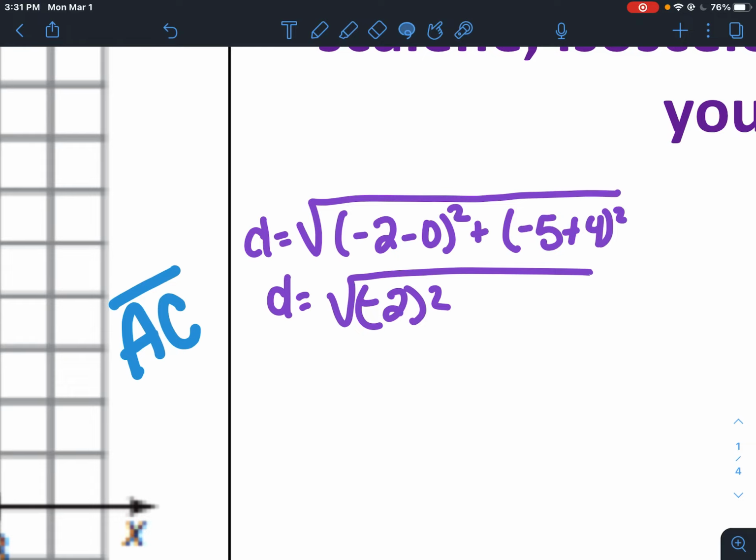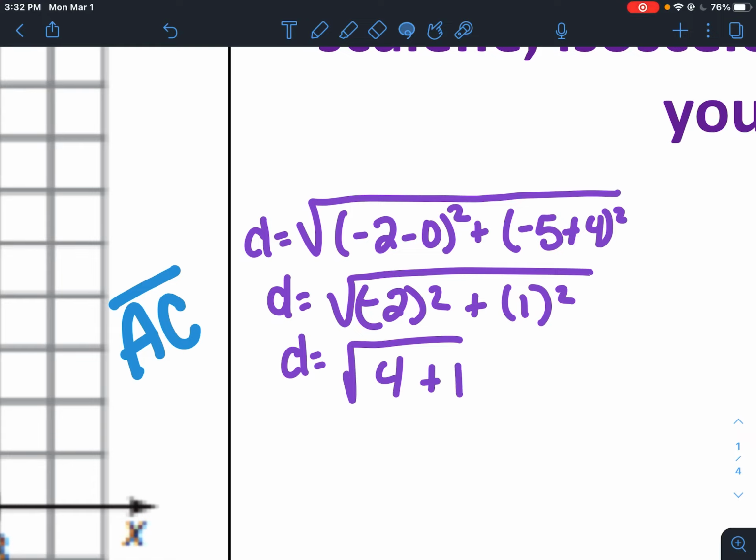The -2 minus 0 is -2 squared, plus -5 plus 4 is 1 squared. Then we'll go through and square those numbers. So square root, again, -2 squared is 4, plus 1 squared is 1.